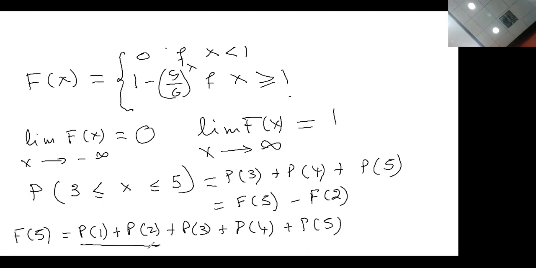The reason why I'm giving you this is that if you have a discrete distribution and I want to know the probability that x is maybe greater than 5 and less than 20, you are not going to be doing P of 5 plus P of 6 plus P of 4. You should just use the cumulative function if you know. With the cumulative function, you take f of 5, that is replacing x by 5, and then replacing x by 2, and take the difference of the two values.